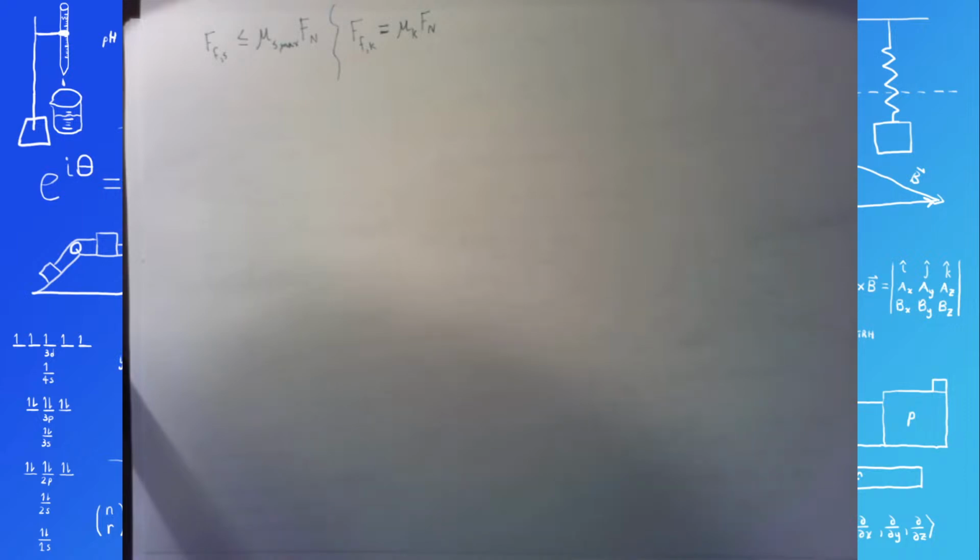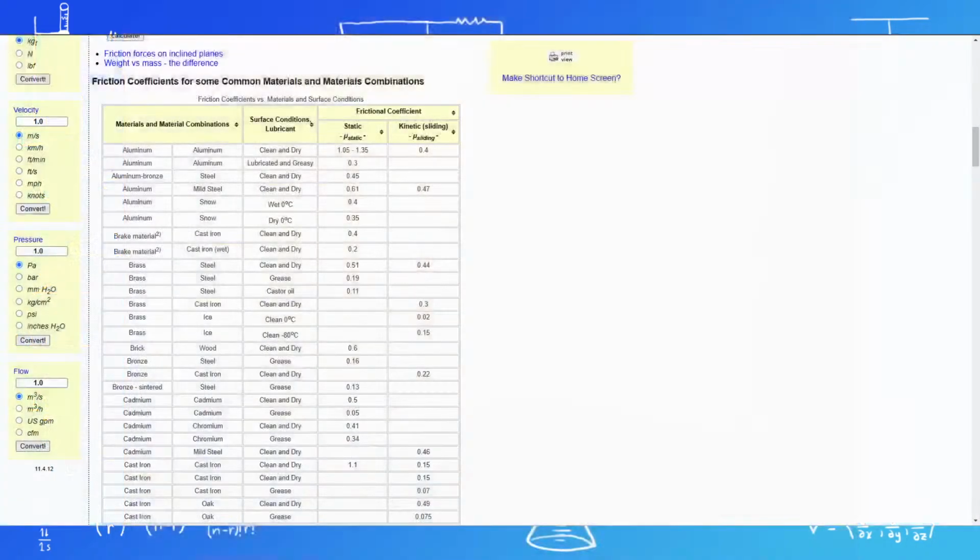There's got to be a table of friction coefficients. Ah, here we go, the engineering toolbox. I think this was the right website. Oh, and this is reminding me of something else. Okay, yeah, I'm glad I did this. Okay, so let me switch screens here.